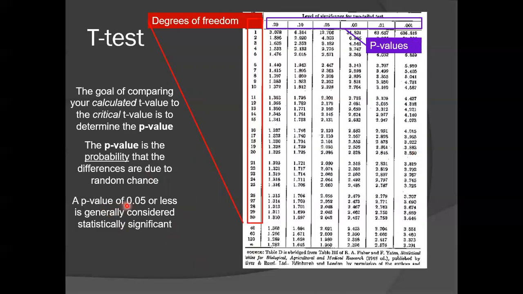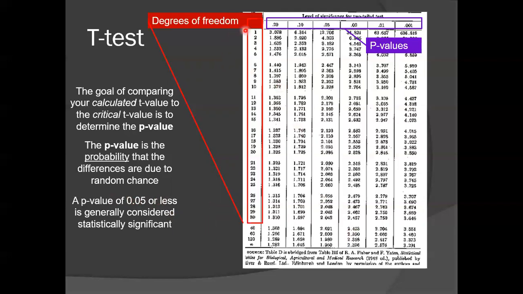A p-value of 0.05 or less is considered statistically different, meaning the differences in these 2 data sets are not due to random chance, but due to the experimental procedures applied. A p-value of 0.05 could be considered a 5% chance or less that the differences are due to random chance. So a very low p-value is desired.